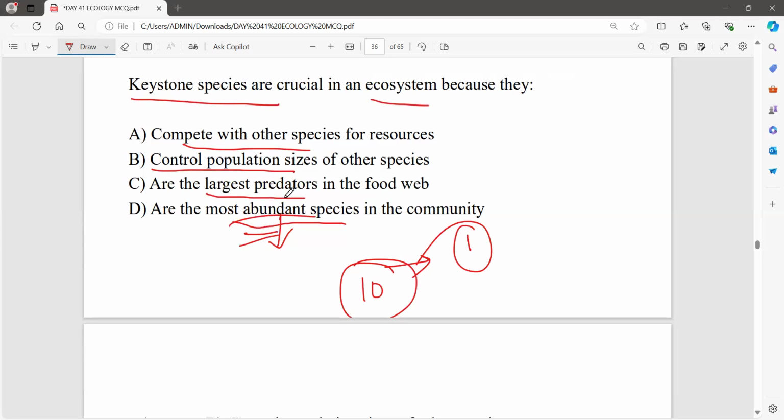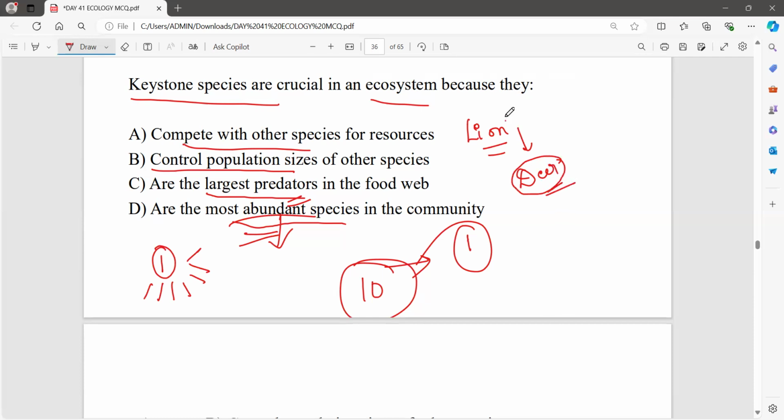This is not the most abundant species, and it is not the largest predator and all, but based on this keystone species, other organisms are surviving. For example, if a lion hunts the deer, this lion is not the only animal which is going to feed completely on this deer.